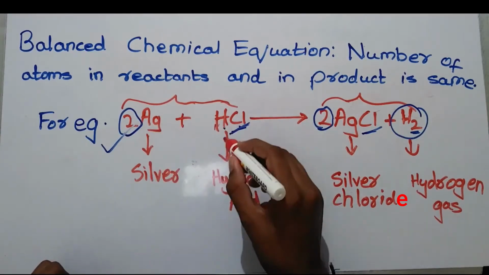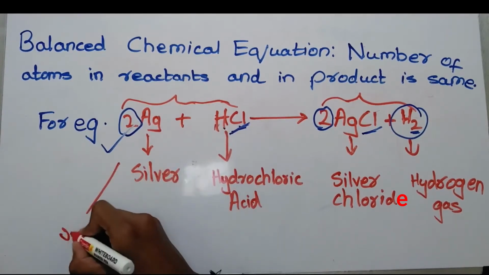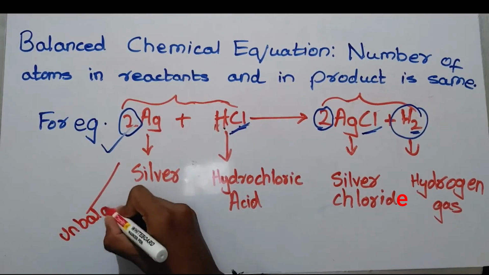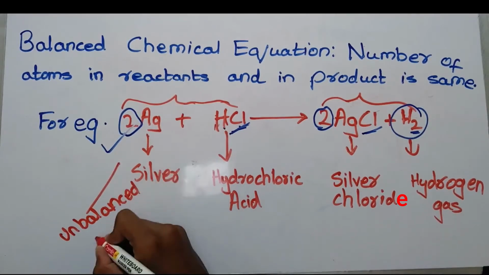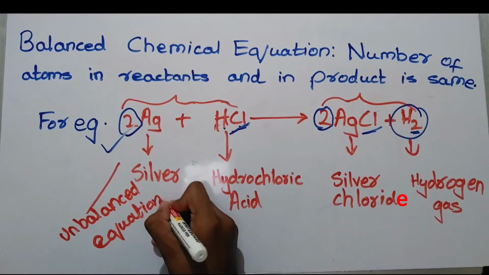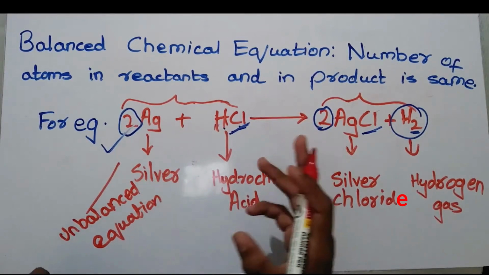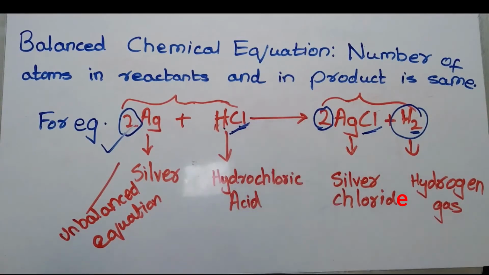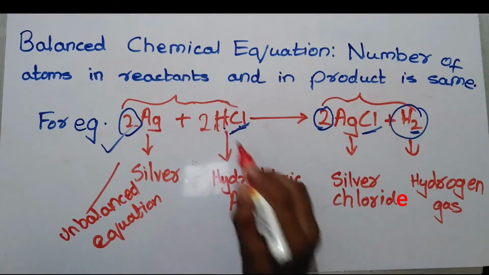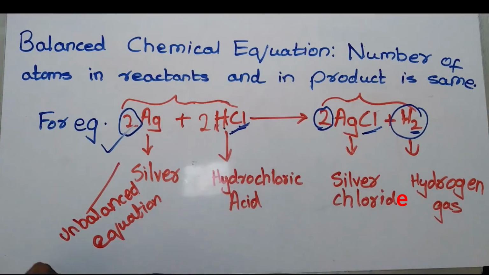So I will need to balance it, and thus it becomes an unbalanced equation, which is nothing but an equation which doesn't have an equal number of atoms on both sides. So this becomes an example for an unbalanced equation, and if I add 2 here, then this becomes an example for a balanced equation. Now let's see how to balance any given unbalanced equation easily.